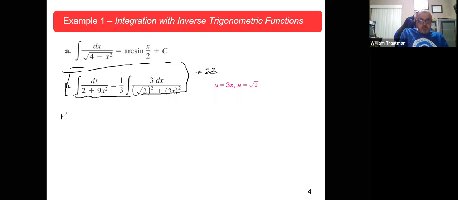Number 23 on the formula sheet integrates 1 over a squared plus u squared du. And a we have to square it, so they give us a little hint here, but squaring the square root of 2 gives you 2.